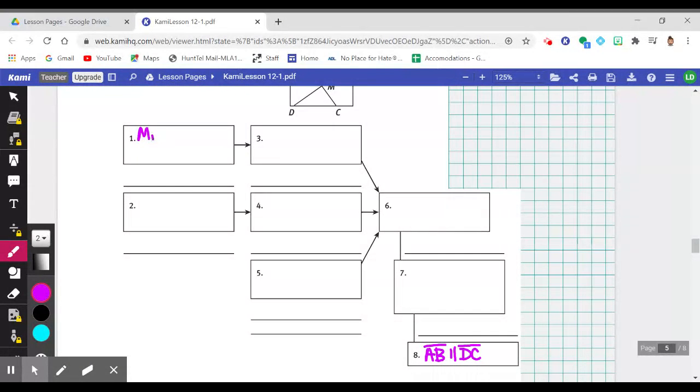So M is the midpoint. I'm going to use a little abbreviation here. Midpoint of BD, and we're going to write given right underneath it. And M is the midpoint of AC, and we're going to write, again, given under it. So we have our starting points, we have our ending point.